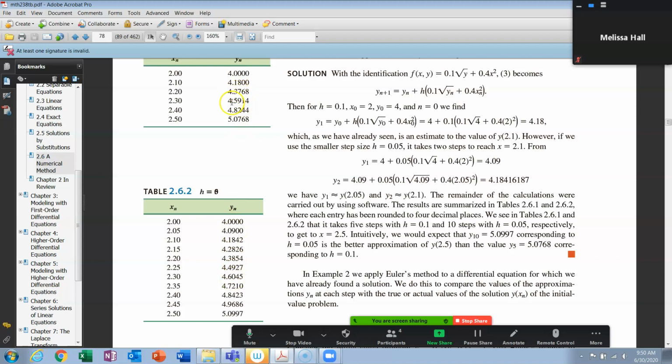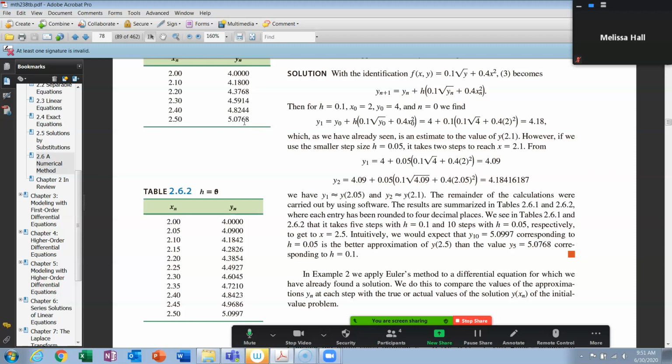Up here it was 4.5914. So you see you are closer to the curve, but you're still not on it. Your 2.5 was 5.0997. Here was 5.0768. Now, to 2 decimal places, it's the same. They would both be a 5.1. But this one is closer to 5.1.